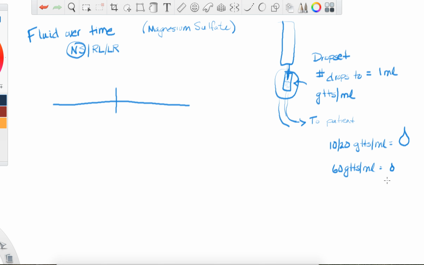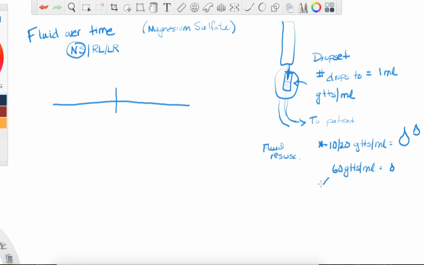Okay, so it's going to take 60 of these droplets, or 10, or possibly 20 of a droplet that's not as big as that, but bigger than that. Generally, they'll run in this range. So this is what we're going to use for fluid resuscitation in adults.